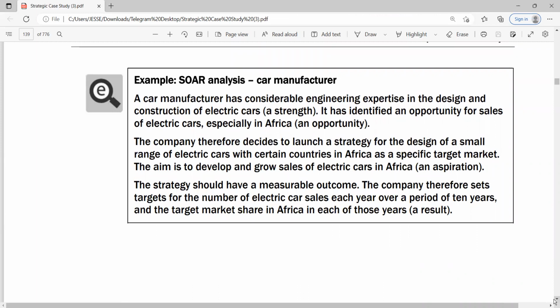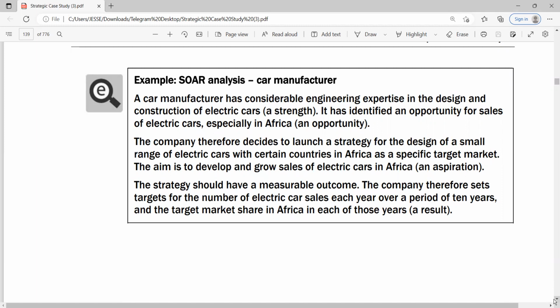A car manufacturer has considerable engineering expertise in the design and construction of electric cars, which is a strength. It has identified an opportunity for sales of electric cars, especially in Africa. That's an opportunity. So you are looking at SOAR analysis here. The company, based on this strength and opportunity, decides to launch a strategy for the design of a small range of electric cars with certain countries in Africa as a specific target market.